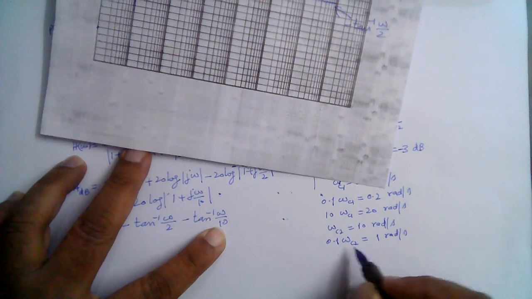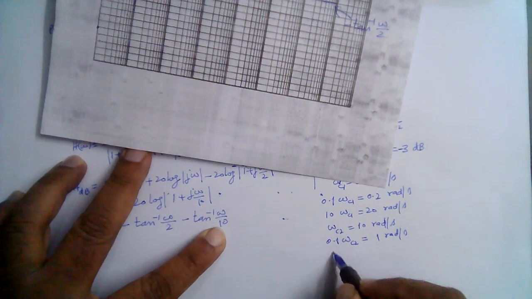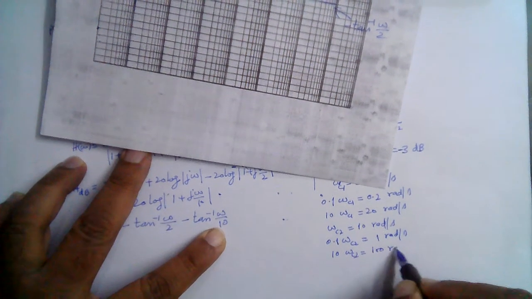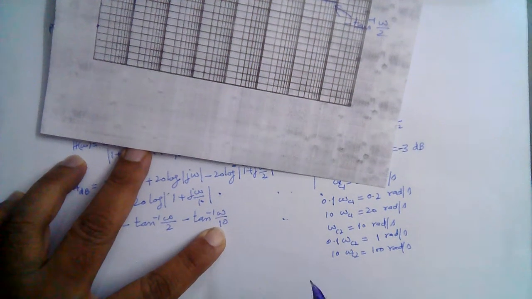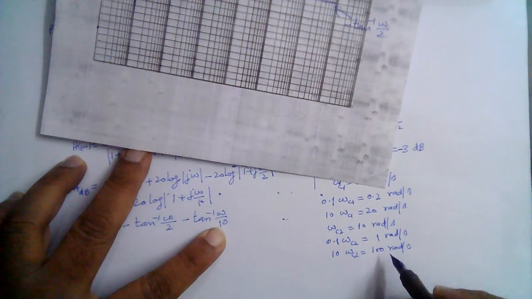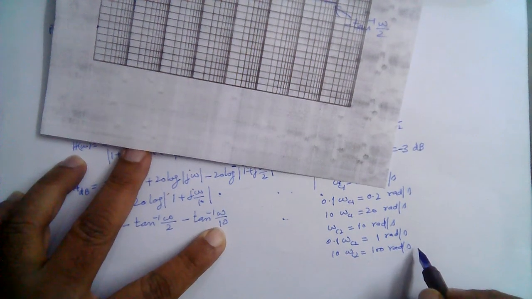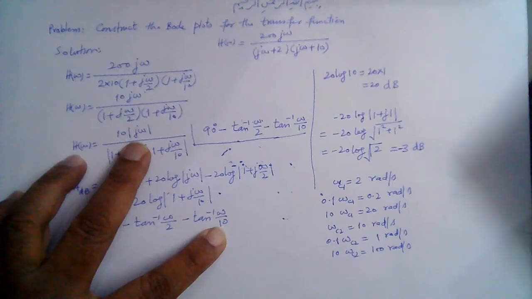Till this point it will be 0, and till 10 omega C2, that will be 100 radians per second. So till 100 radians per second, it will have a slope of minus 45 degrees per decade, and from that point onwards it will be minus 90 degrees. So we begin at 0.1 omega C2, this is 1 radian.